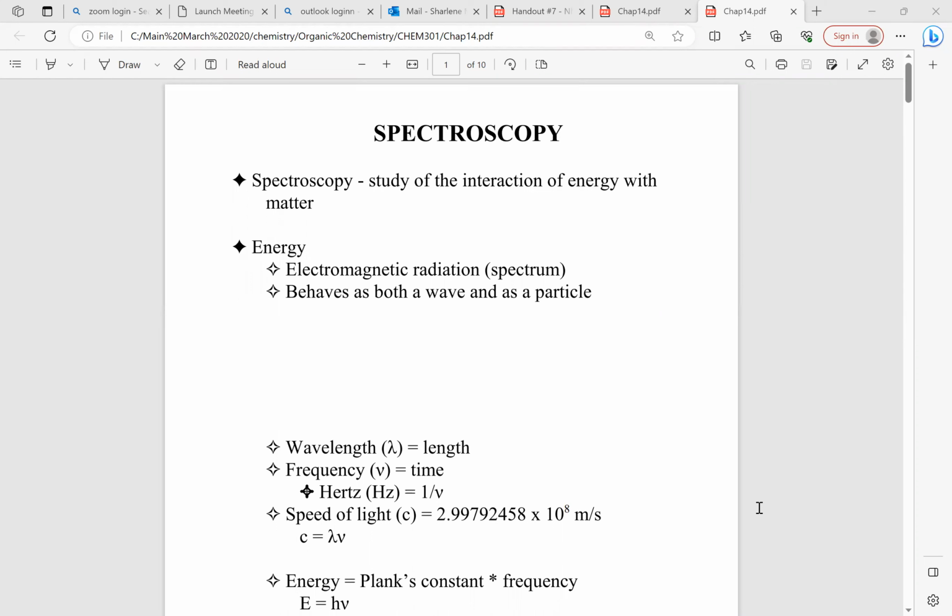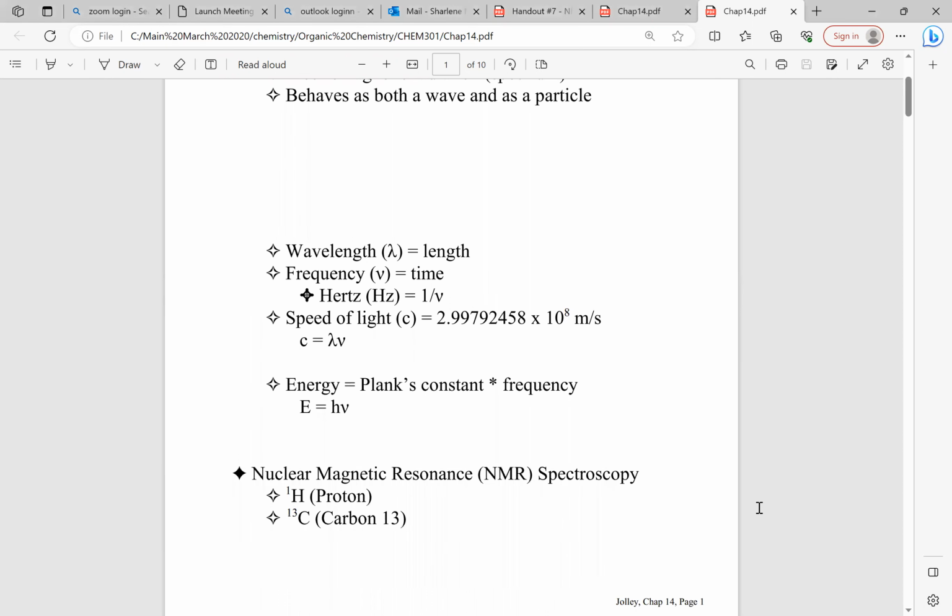And don't forget electrons can behave as both particles and waves. In other words, this wouldn't be possible. I also do a little blurb about wavelength, frequency, converting between them, and then how to do the energy. We are not actually going to do energy calculations. That was just a reminder of the kind of ideas we're using.